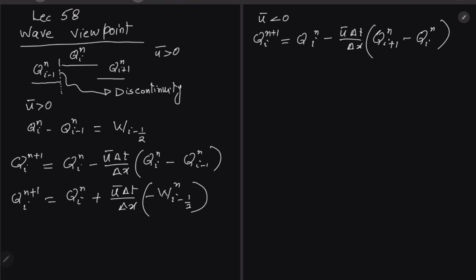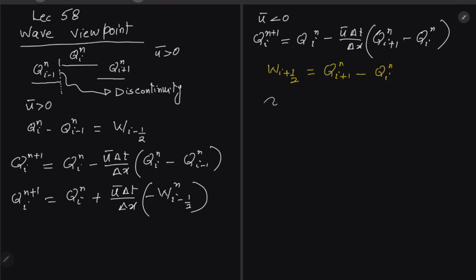Similarly, the discontinuity at this point is W_{i+1/2}, since the discontinuity lies at i plus 1 half. It is the difference between Q_{i+1}^n and Q_i^n.